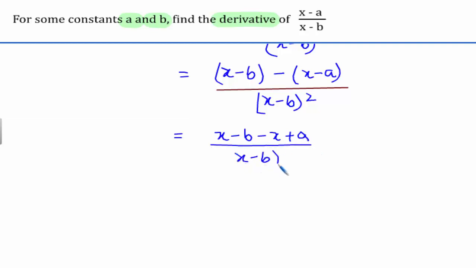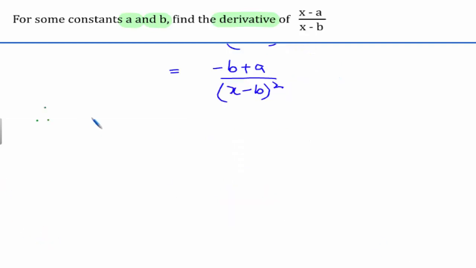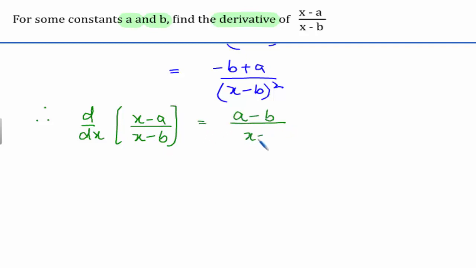Now cancelling x and minus x, we have minus b plus a whole divided by x minus b whole square. Therefore, the derivative of the given function x minus a divided by x minus b with respect to x is a minus b whole divided by x minus b whole square.